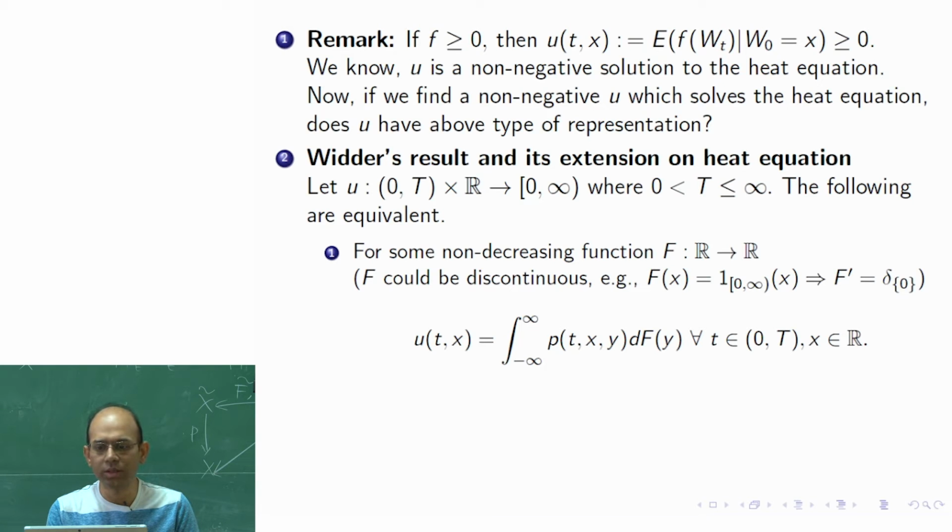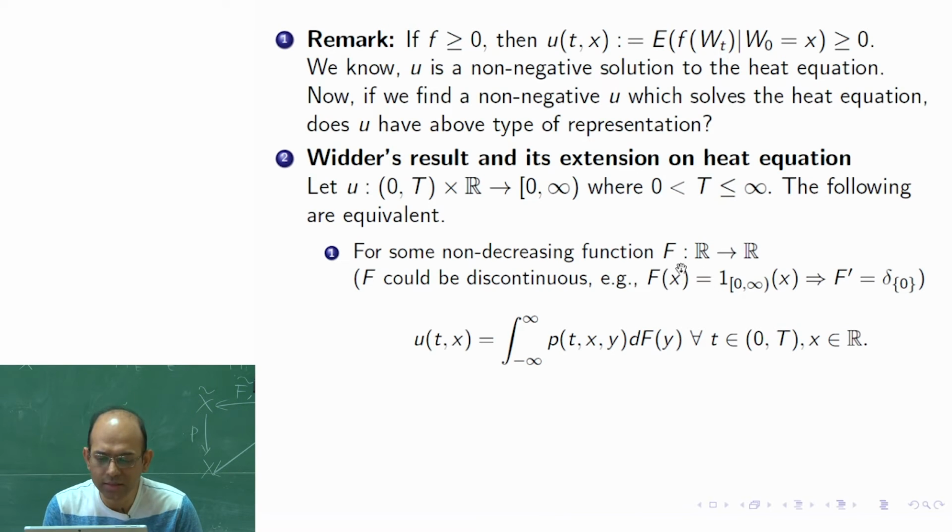It could be a discontinuous function also, like the indicator function of the closed interval 0 to infinity of x, basically the Heaviside function. On the positive axis, when x is positive or 0, capital F of x is 1. If x is negative, then F of x is equal to 0.